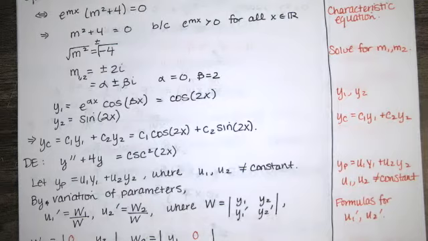We'll say, okay, given that differential equation, let's let y sub p equal u1 y1 plus u2 y2, where u1 and u2 aren't constants. That way, y sub p is linearly independent from both y1 and y2.